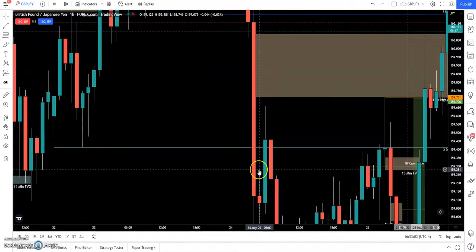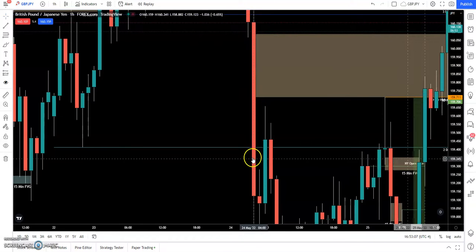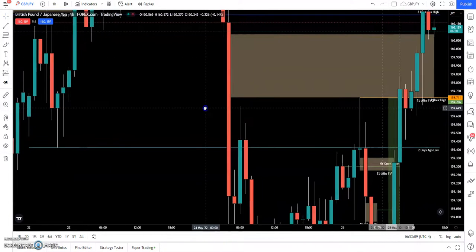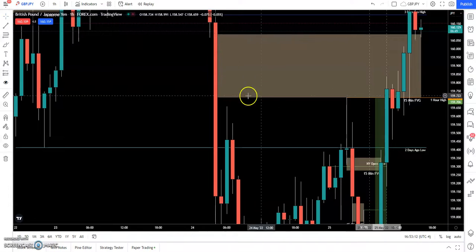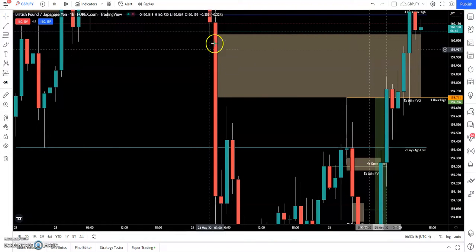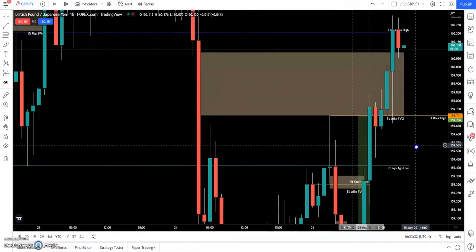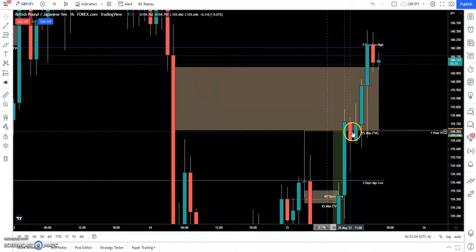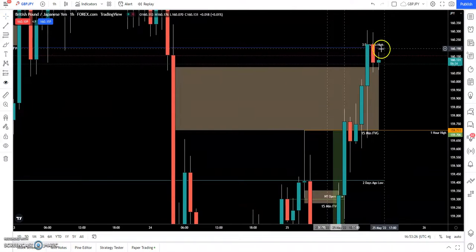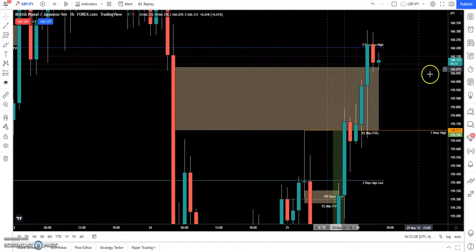The fair value gap started down here, but I thought there was so much space in between this that I had put the fair value gap between the high of this and then the low of this and the high of this candle right here, which is where I'd finished off my trade. But as you can see, it decided to continue to go up and break the 3-day-old high.